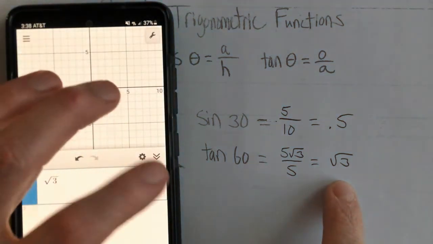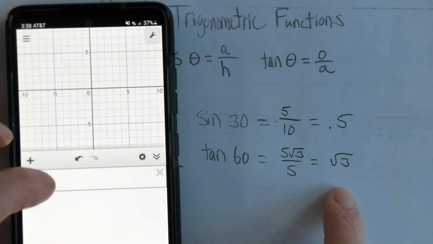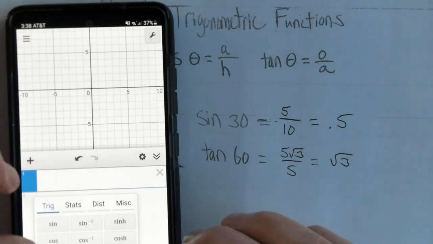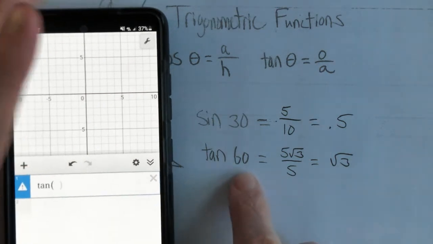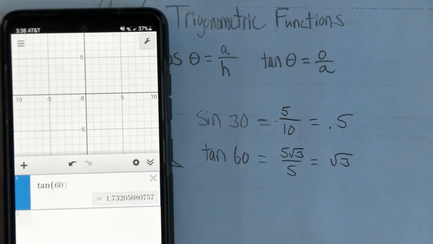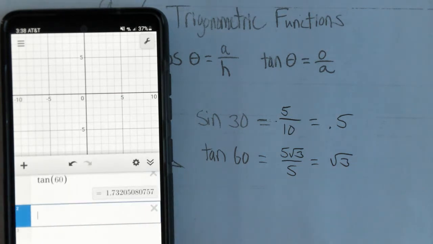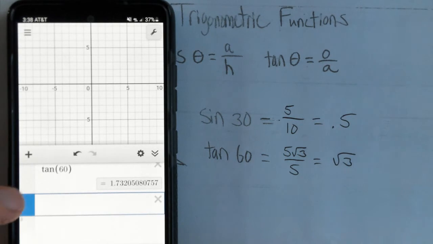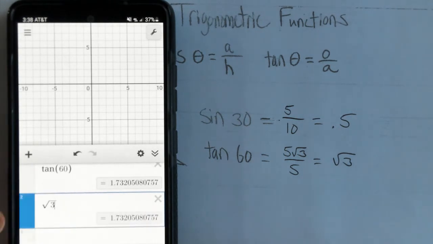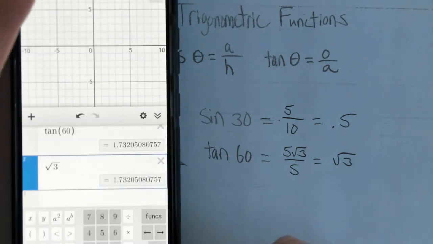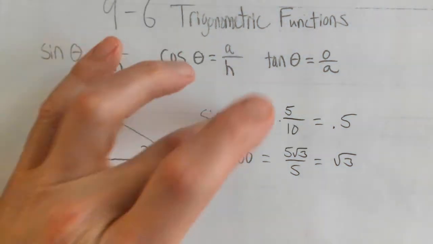That wasn't supposed to happen like that. The reason why I messed up is because I'm supposed to do tangent of 60, not 6. And so now if I do that correctly and then I go back and look at square root of 3, then they match up. All right, so they're the same. So again, these equations actually work.